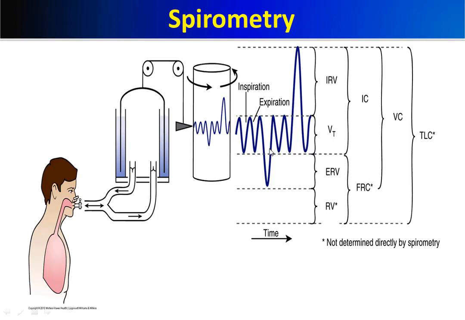Now on the x-axis we have the time, and on the y-axis we have the lung volumes. This position is the end of normal resting expiration. Do we have air inside the two lungs by the end of normal resting eupneic expiration?